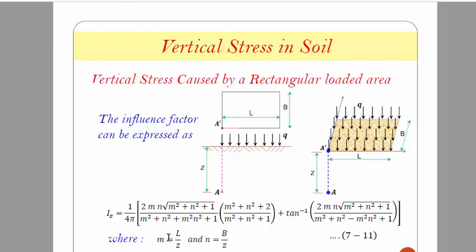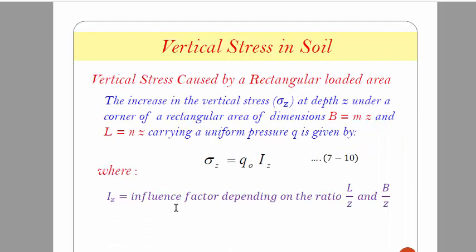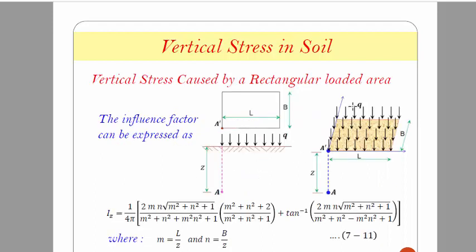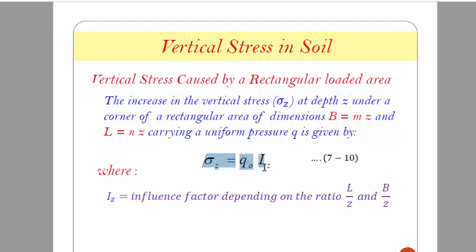How to calculate m and n? L by z or B by z. You know the L value, you know the z value. z means how much distance below you calculate the point. According to that, calculate the influence factor, and q naught is the surcharge. Put q naught, m and n into Iz to calculate the stresses.